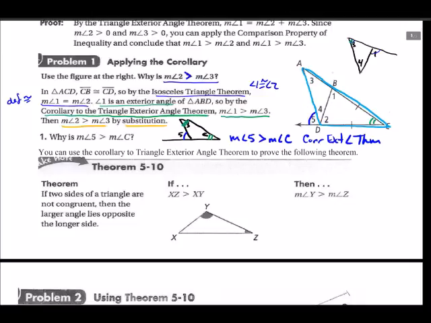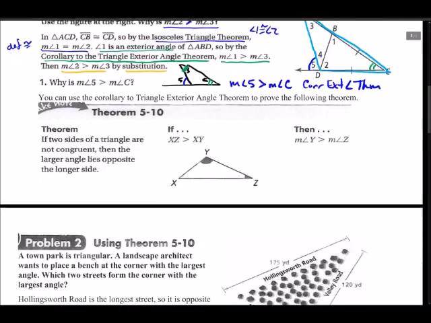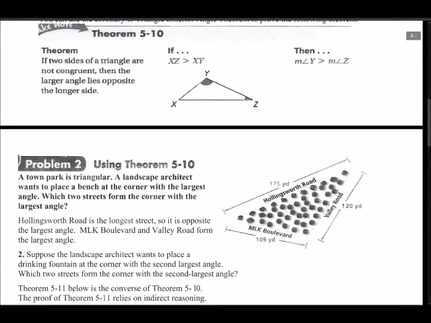So we can use the corollary to the triangle exterior angle theorem to prove the next theorem. So let's take a look at this. Now this one doesn't have a name, so we have to write it out. What does this one say?